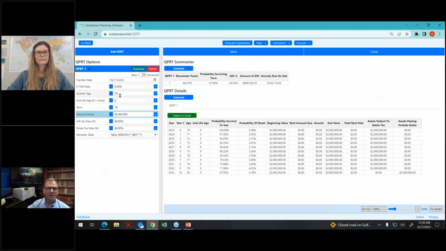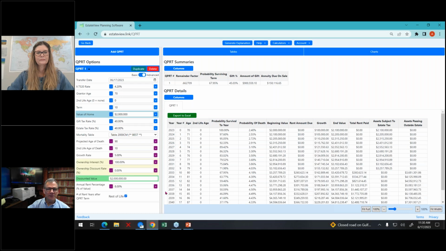and I'll say a 70-year-old with a 10-year term, and this 70-year-old will live for 20 years. Let me find where the 20 years is. Projected rate of age 90. Got it there.